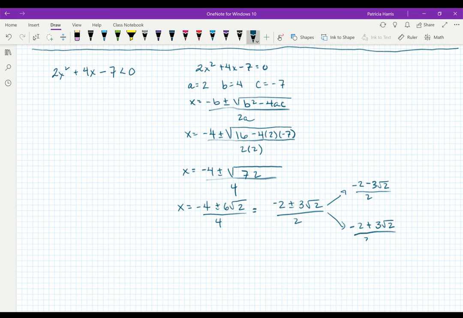I'm going to use my calculator. So this is, let's see, -3.12. And then the next one, -1.12 approximately.